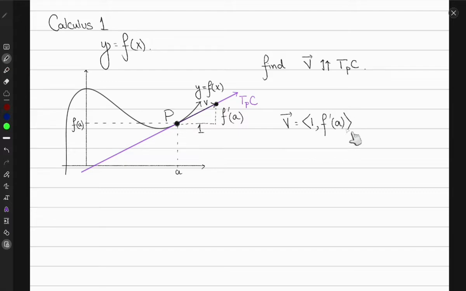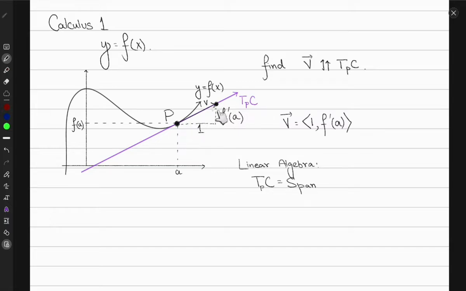Now we can think of this in our linear algebra sense. So in linear algebra, our tangent space T_P of C is basically just a span of all real multiples of vector v, or you can just say it's a span of all of your vectors v, right?